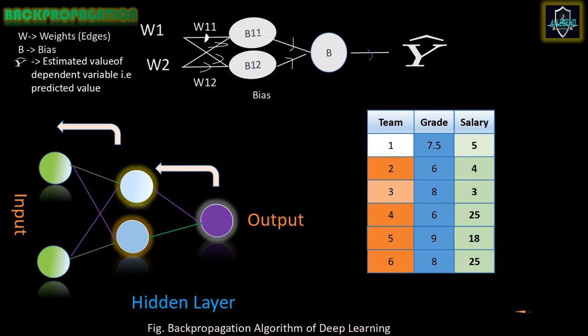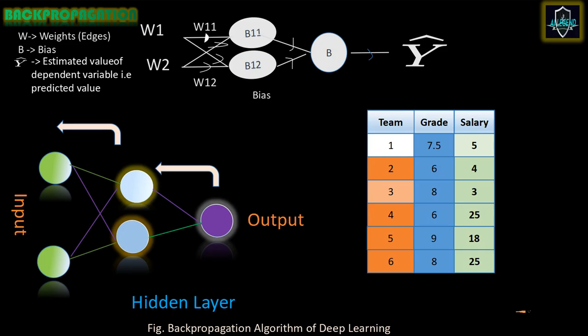So let's take a general example. Say we are in an institute and our instructor assigns a project to our team. As we work on the project as a team, on the basis of project grade, teams will be selected for higher packages. So we have team 1, team 2, team 3, as you're seeing in the figure, and so on.